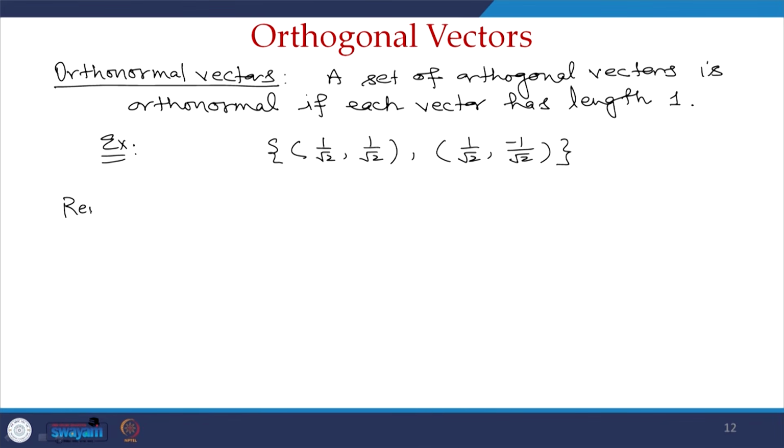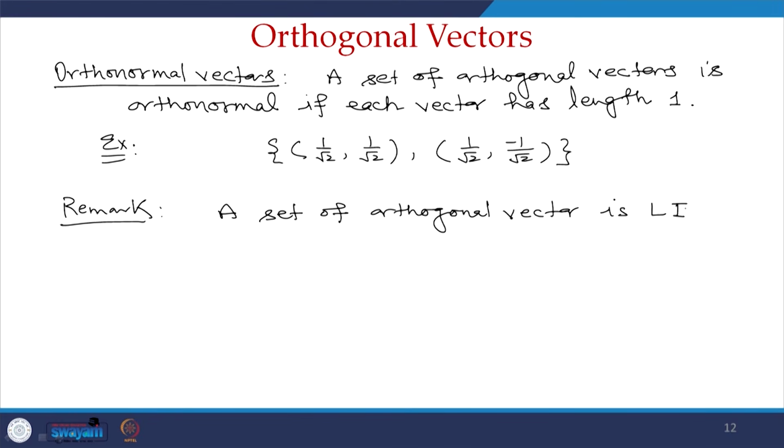Here one remark I want to tell you is that a set of orthogonal vectors is linearly independent, meaning orthogonality implies linear independence, but the converse is not true. In later parts of this course we will see a process by which we can convert a set of linearly independent vectors into a set of orthogonal vectors.